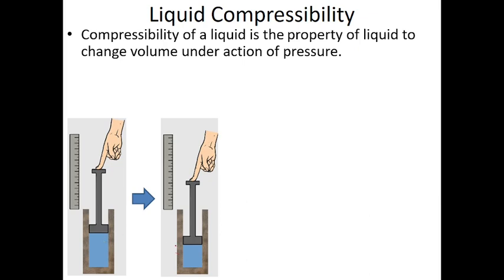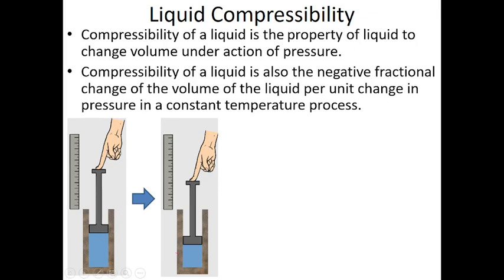So, meron itong volume and pressure. So, compressibility of a liquid, ito yung kanyang definition na iba, is also the negative fractional change of the volume of the liquid per unit change in pressure in a constant temperature process.